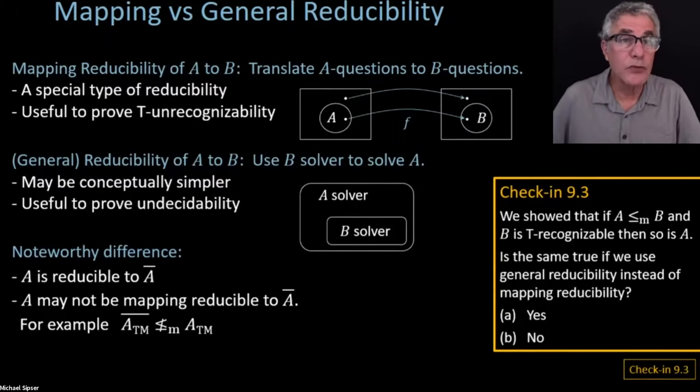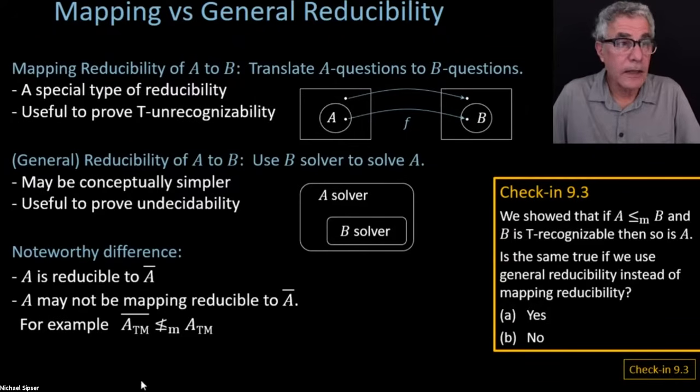So if this were true, then when a language is reducible to its complement, if the complement were recognizable, the language would also be recognizable.